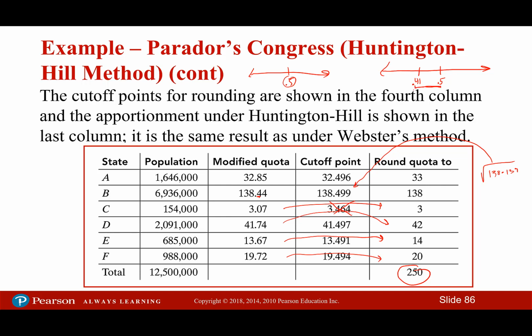That's the issue. So what does it really do? It allows populations with lower numbers to get more seats. That's all it does. Bigger populations need a lot more of the divisor to get there. That's how it alleviates the small populations and the large populations.